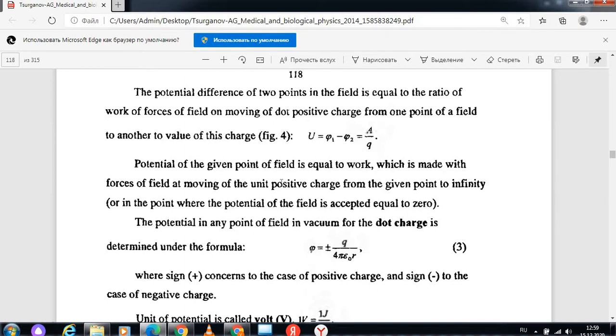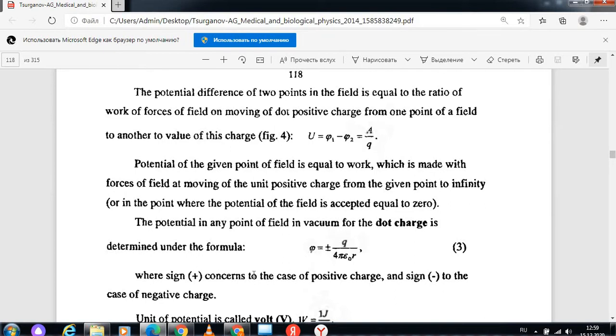Potential of the field. Yes, or the point where the potential of the field is accepted equal to 0. The potential at any point of the field in vacuum for a point charge is determined by the formula phi is equal to plus or minus q divided by 4 pi epsilon 0 divided by r.